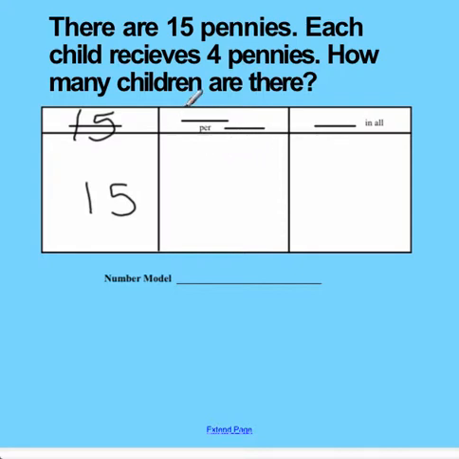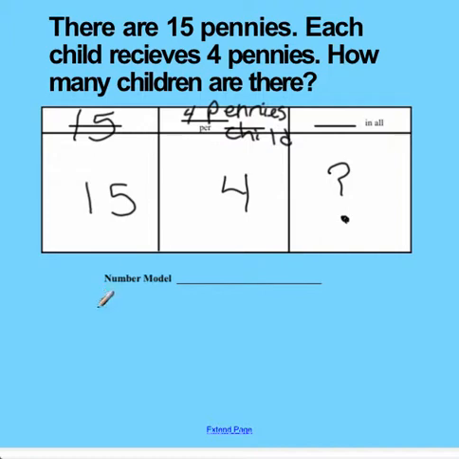So we can say here 4, if we were going to label this, it would say 4 pennies per child. And we can go ahead and write our 4. And the question is, how many children are there?